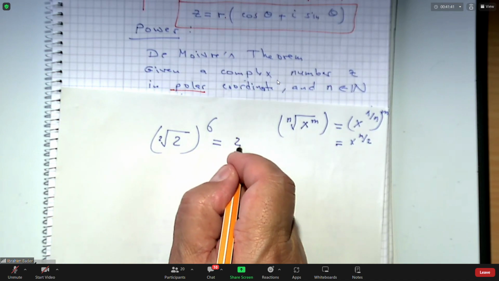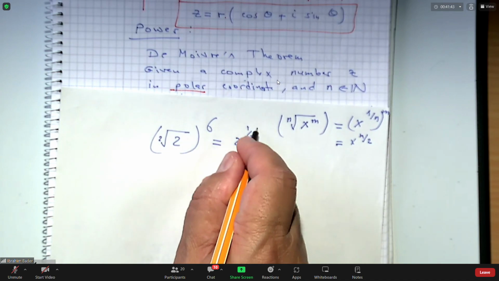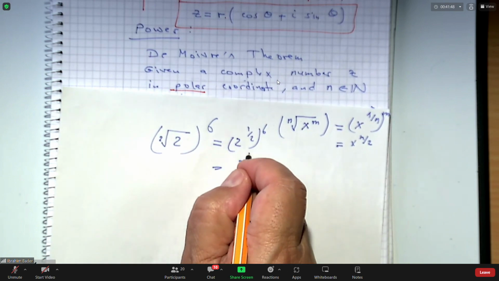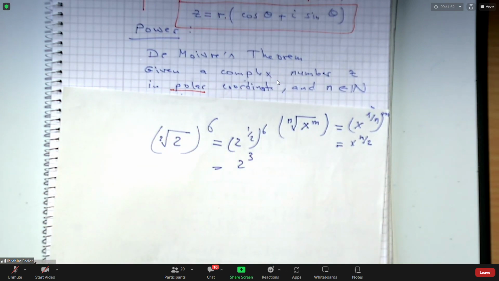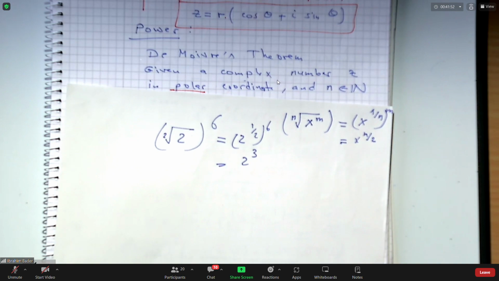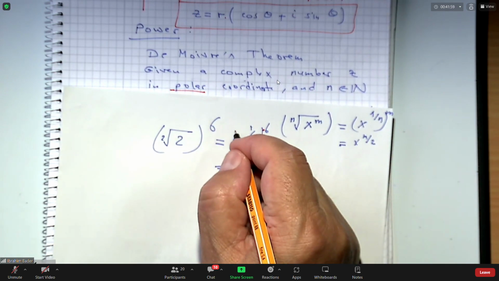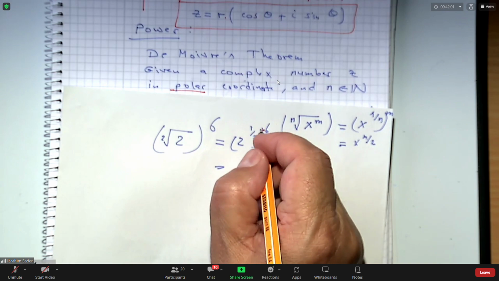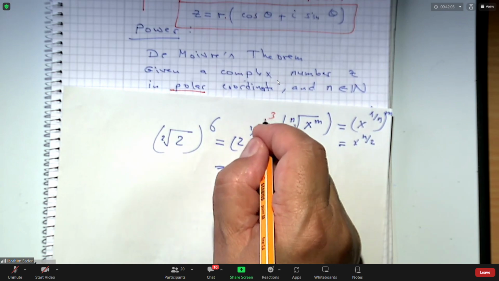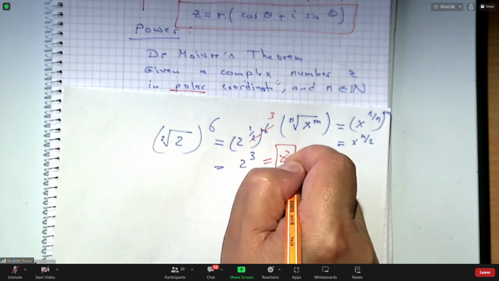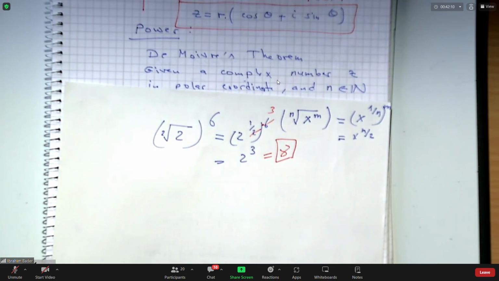So I have 2 to the power 1/2, all to the power 6, and this is 2 to the power 3, because according to the exponent rules, if you have an exponent to another exponent, you just multiply them. So here you multiply 6 by the half, and you end up with 8. Does anyone have a problem with this simple calculation?